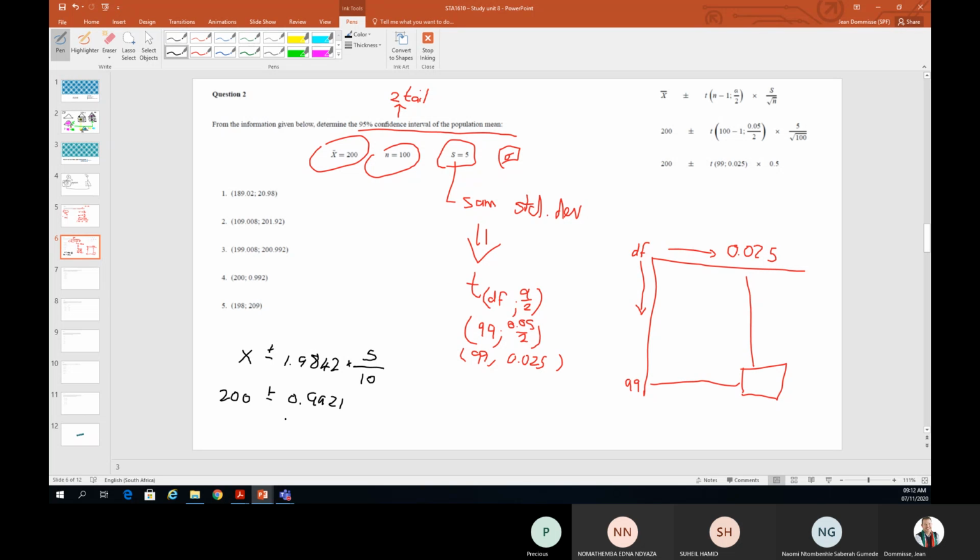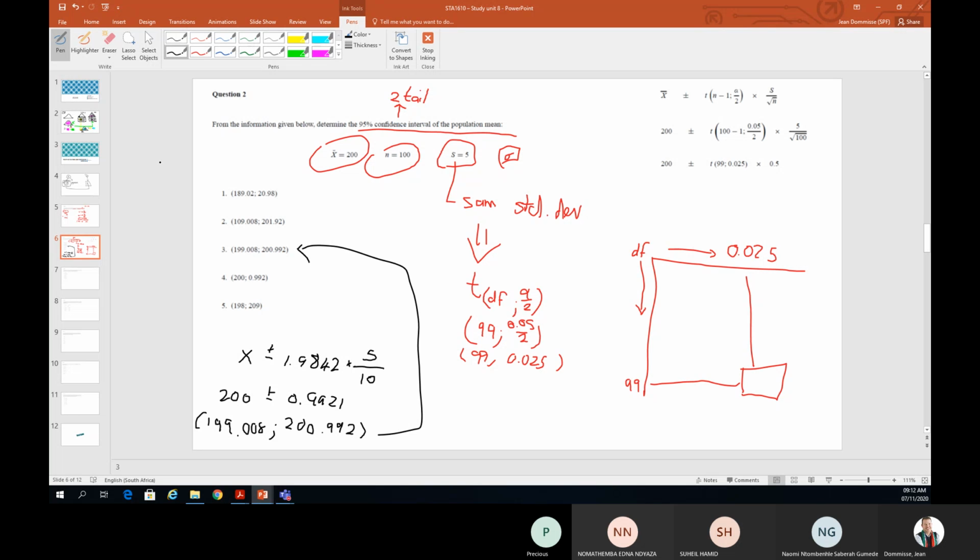If I add it, it will be 200.992. If I subtract it, it will be 199.008. So option 3. But we haven't even looked at the others.